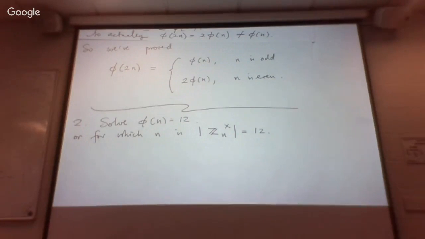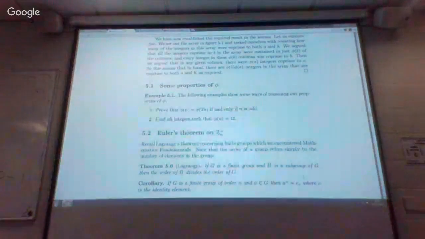Now, there's a couple of ways you might approach this. You could approach it quite computationally.